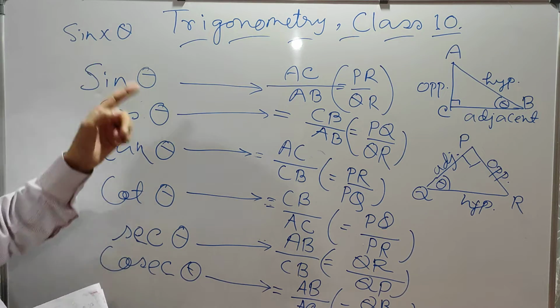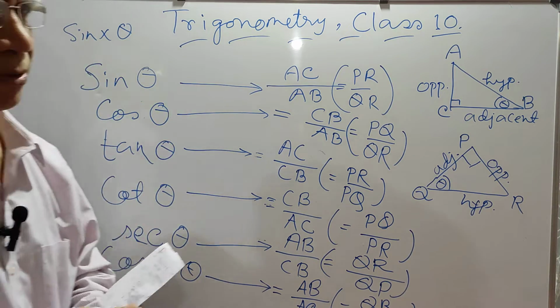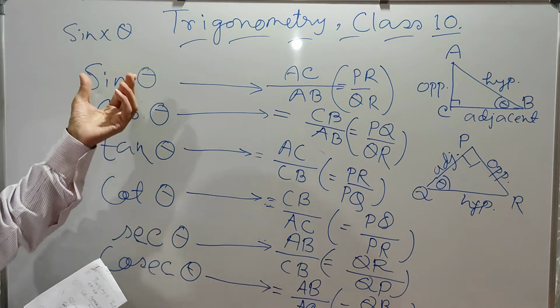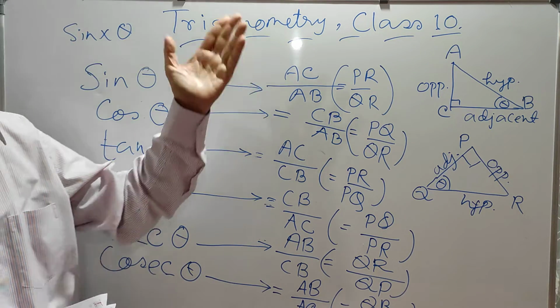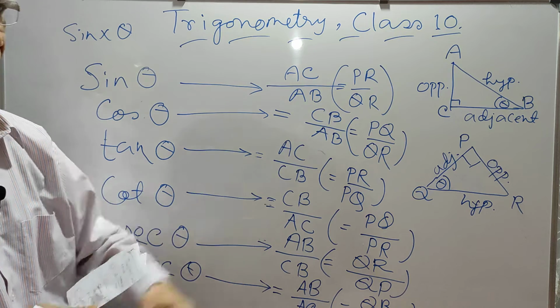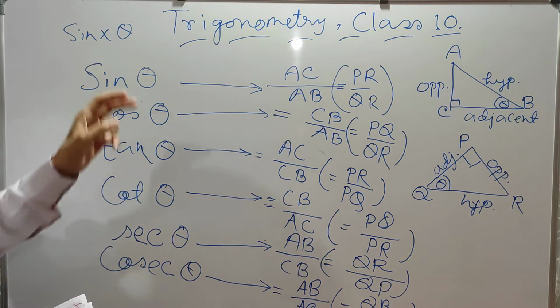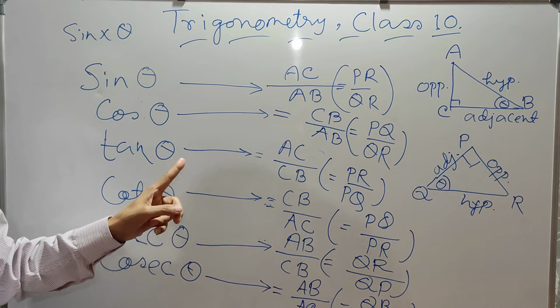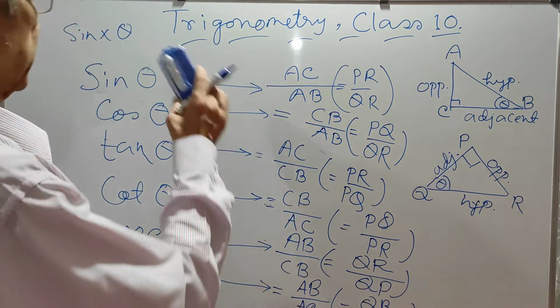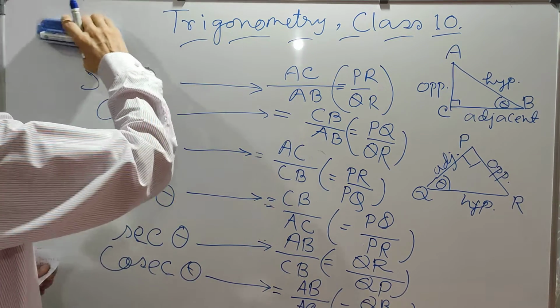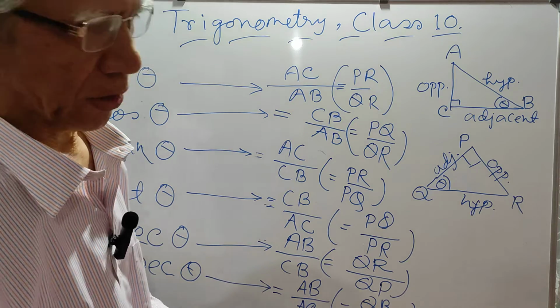Many think it is sine into theta, those who do not have the concept clearly. Sine theta simply means sine of an angle theta, which is a ratio. Similarly, tan theta doesn't mean tan into theta. Please do not make this mistake. I have seen from experience that many students make it.